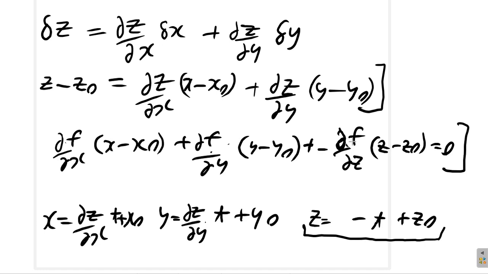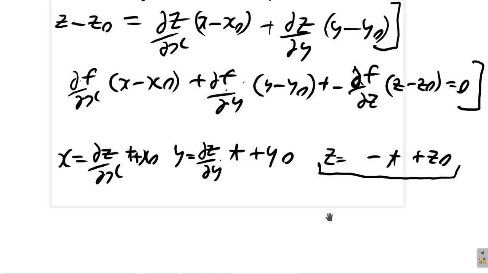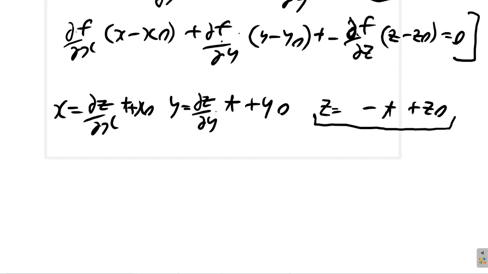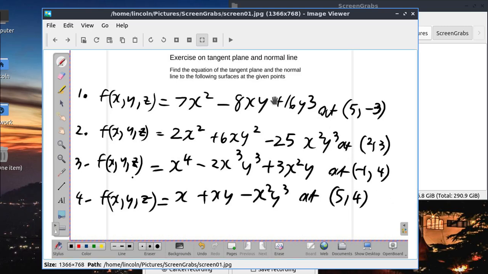So, in order to bring everything on one side and equal 0, you'd have to treat them the same way, negative t equals negative 1t plus z naught for the parametric equation for z. Now let's quickly look at this first equation here.